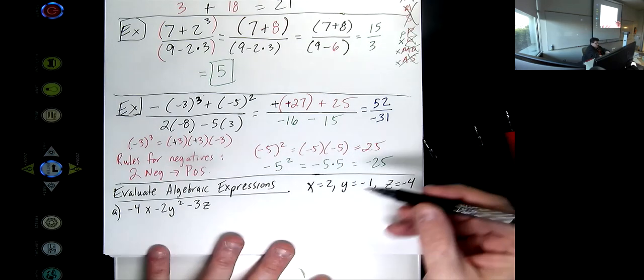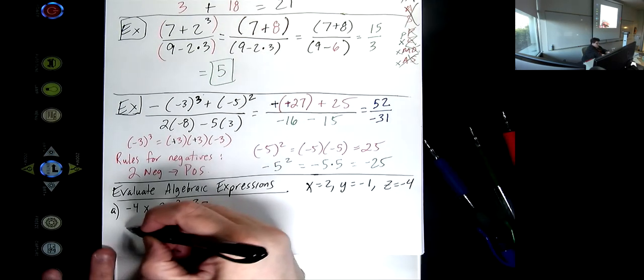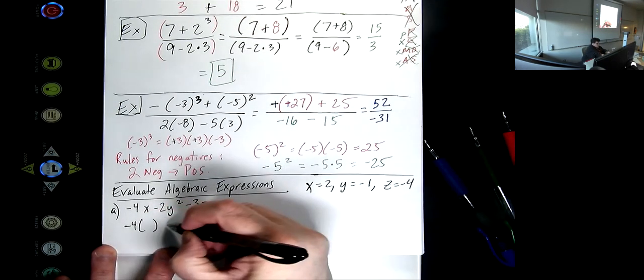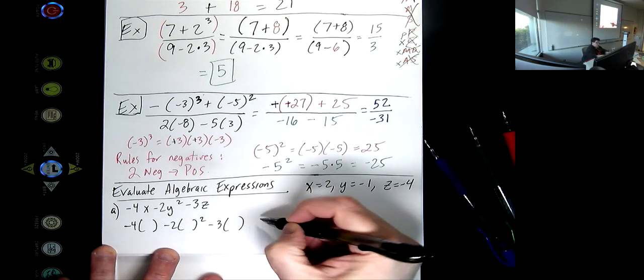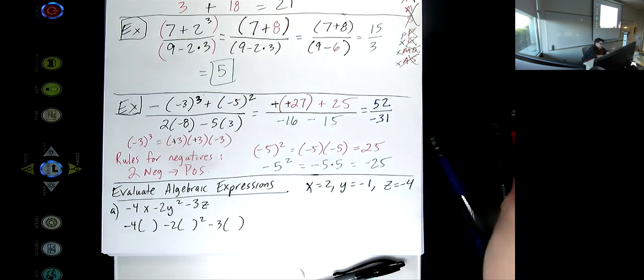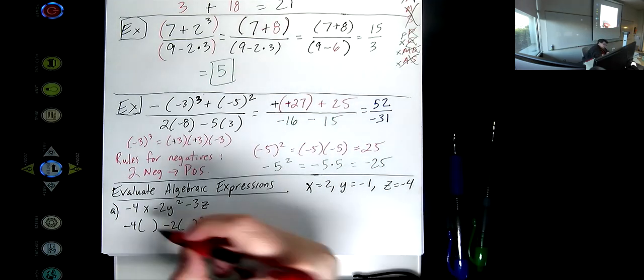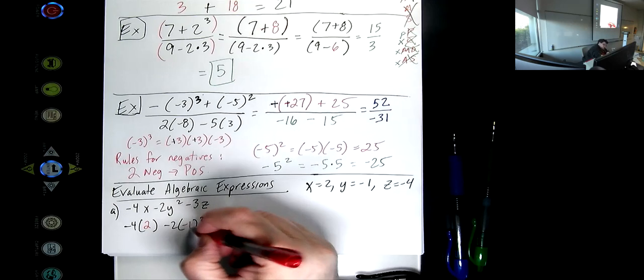So what we're doing is we're just plugging in what we see. I recommend for every variable you see, you just replace it with parentheses for now. And then plug in the values 2, -1, -4.